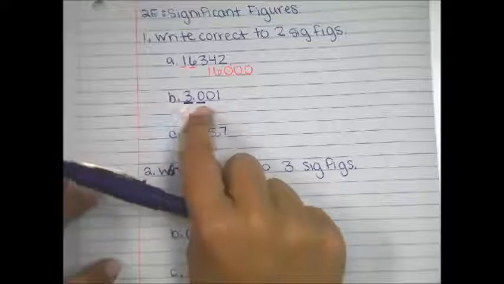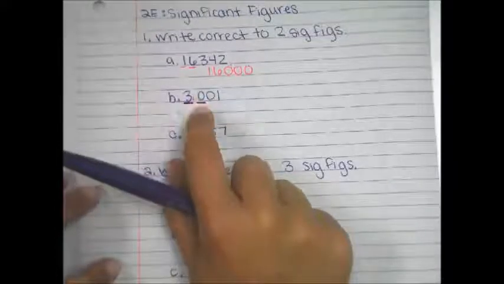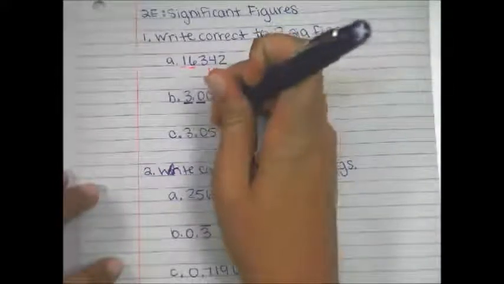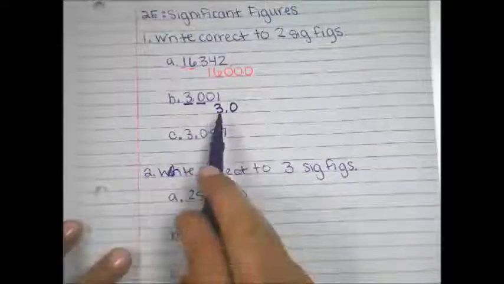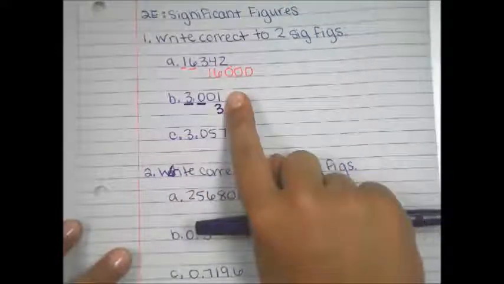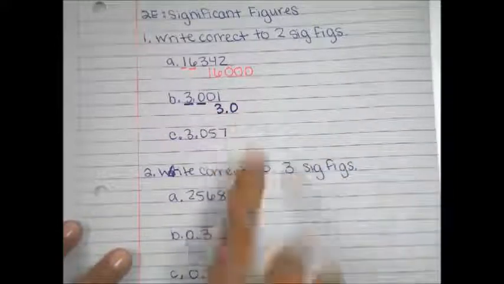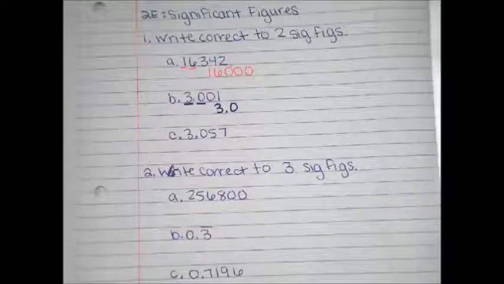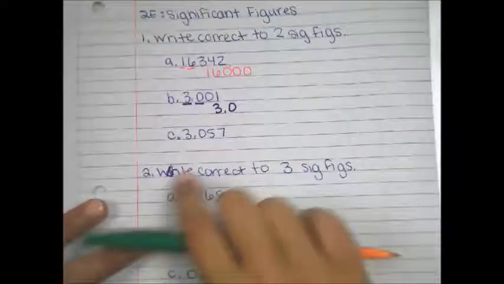This 0 is less than 5, so it does not push the 0 up to a 1, it keeps it the same. So this is 3.0. Now we do need the 0, otherwise just 3 is 1 sig fig. 3.0 gives us 2.